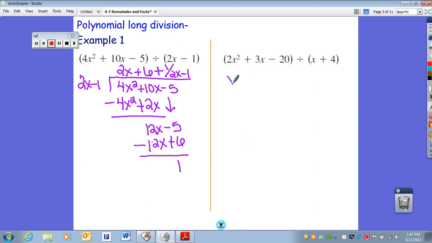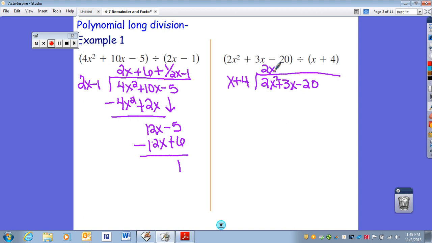Let's do another example. So I have x plus 4, and I'm going to divide that into 2x squared plus 3x minus 20. So I say to myself, what am I going to multiply times x to get 2x squared? 2x.